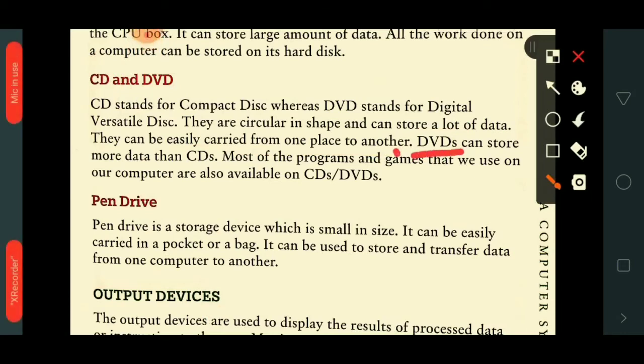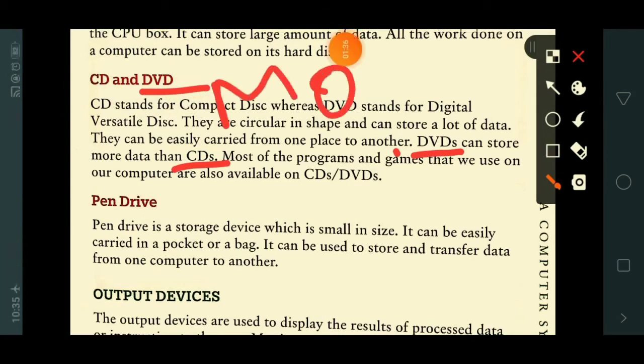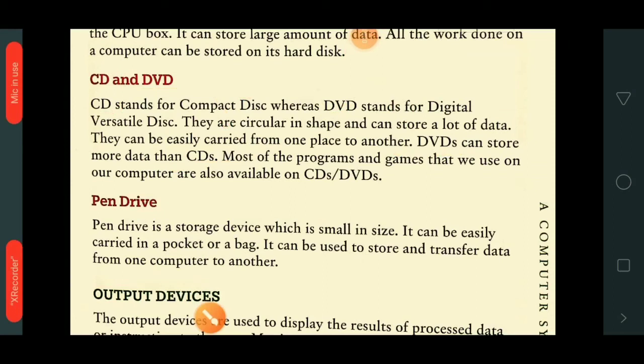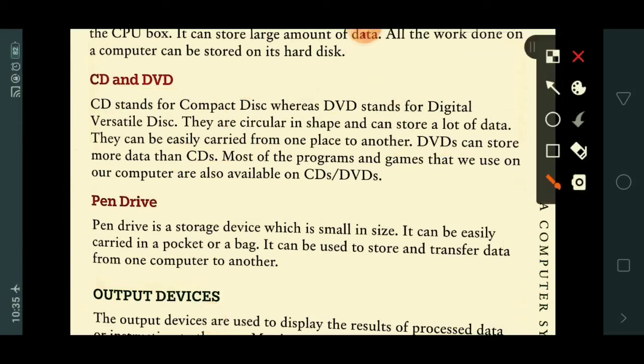A DVD stores more data than a CD. Most of the programs and games that we use on our computer are also available on CD or DVD.